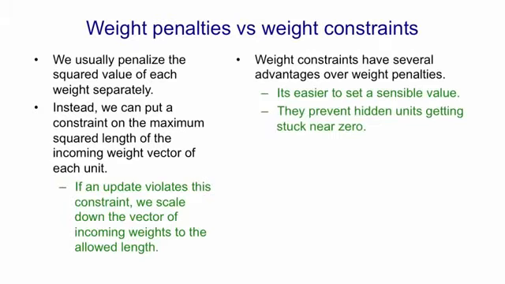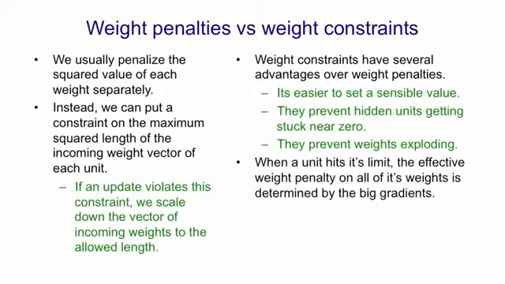Using weight constraints also prevents hidden units getting stuck near zero with all their weights being tiny and not doing anything useful, because when all their weights are tiny, there's no constraint on the weights, so there's nothing preventing them growing. Weight constraints also prevent the weights from exploding.